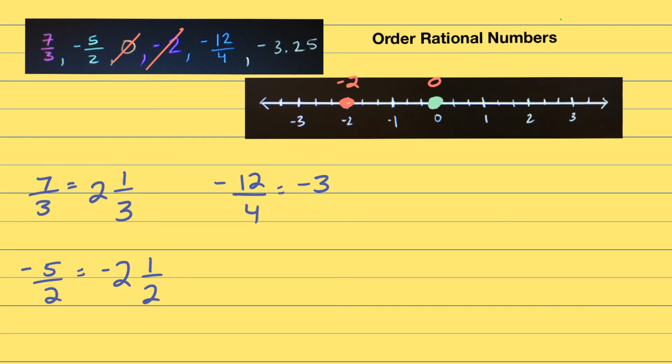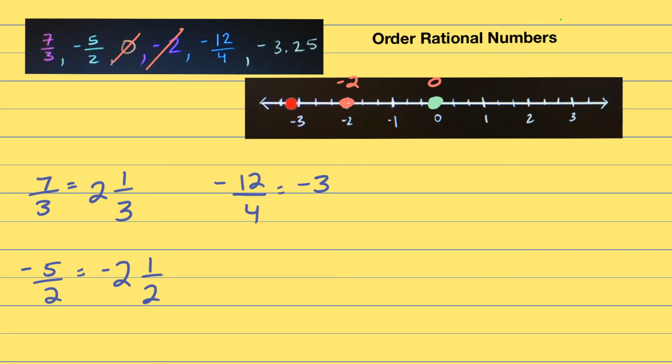Well, let's do negative 3.25. Negative 3.25 is just a little bit more than 3. So let me get my red back here. So here's negative 3, and it looks like these are in thirds, right?